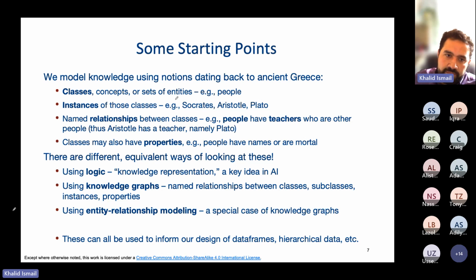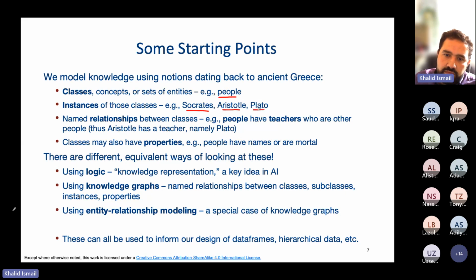You refer to databases, for example. And for example, this is people. So that's the class we have, which is people in this case. And then we have instances of those classes, for example, Socrates, Aristotle, and then Plato.